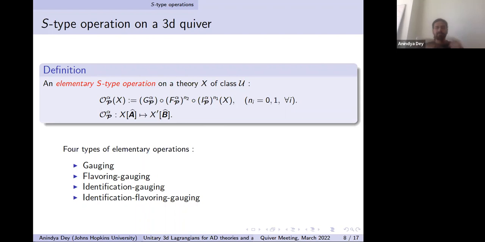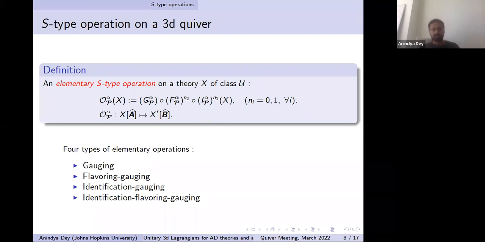So there's a choice involved of which masses you pick, and this is determined by a permutation matrix of order M. P is basically that data, and it turns out that that data is important for finding out the dual of this operation.